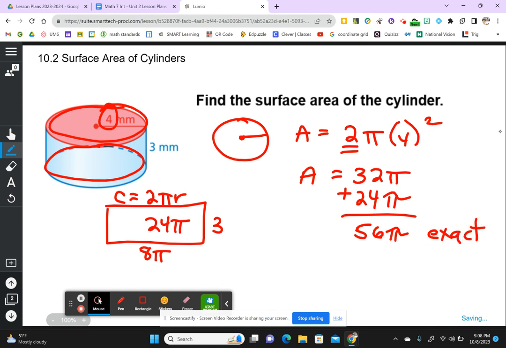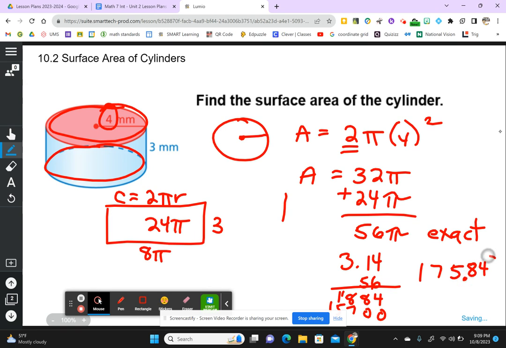And if we do 56 times 3.14, we get 24, carry the 2, 18, 0, 22, 15, and this turns out to be 84, 15, carry the 1, and that becomes a 7.